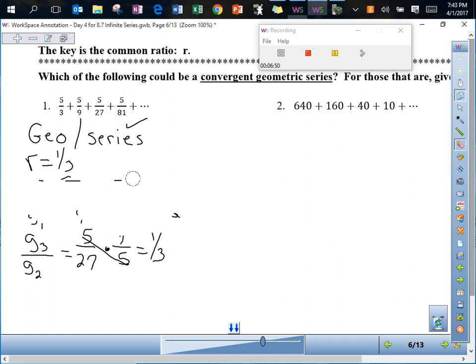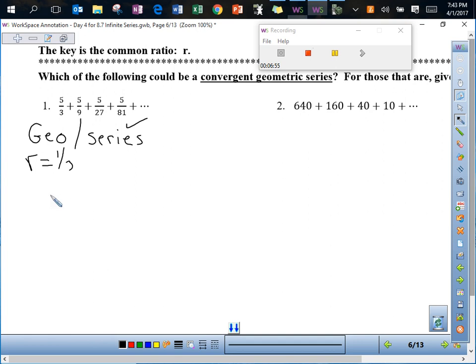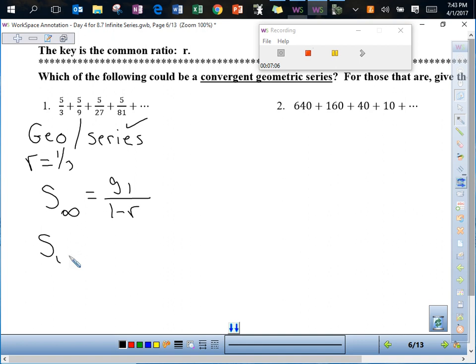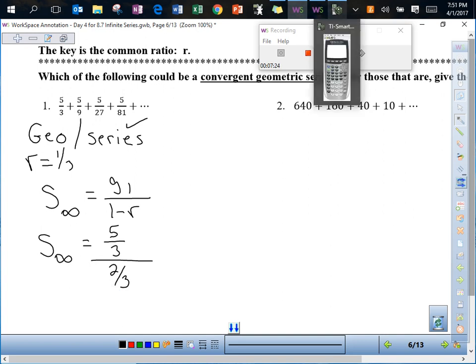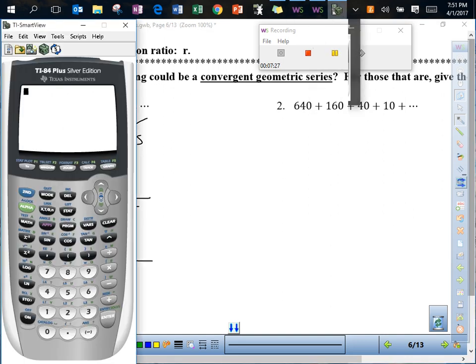Now, watch how easy it is to come up with this sum. I'm going to take g sub 1. The sum, as we go to infinity, is going to be g sub 1 over 1 minus r. So the sum as we go to infinity is going to be 5/3 divided by 1 minus 1/3, which becomes 2/3. You can run this through your calculator. And guys, just to remind you, if you're going to run that through your calculator, make sure you use parentheses properly.